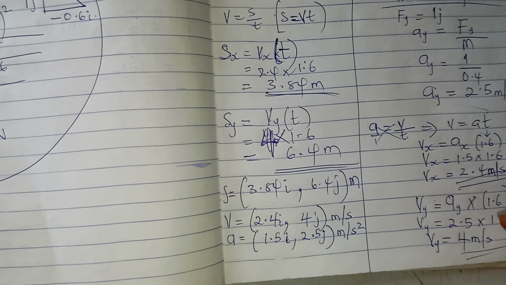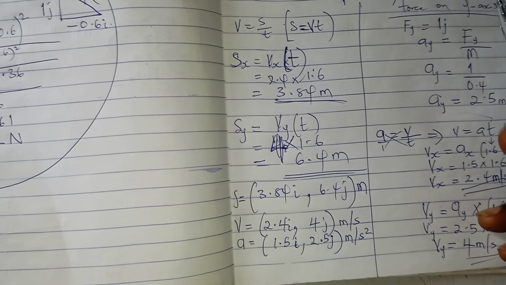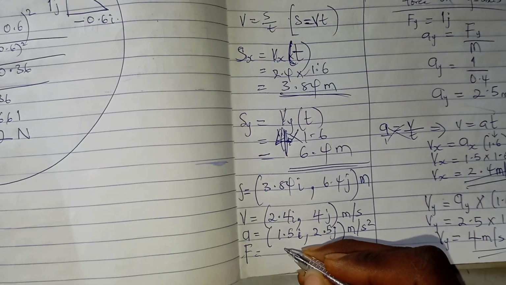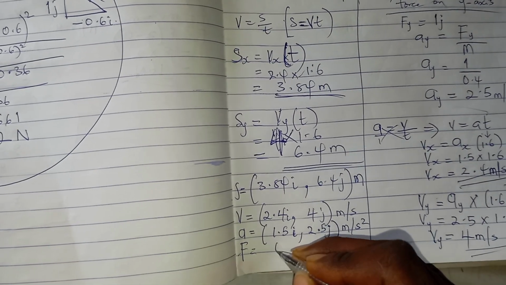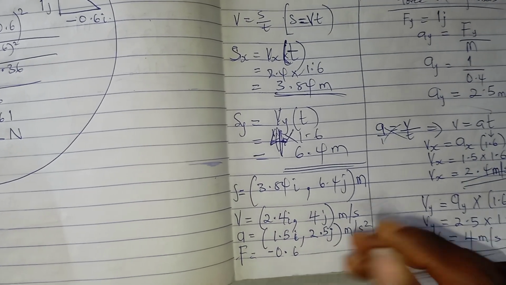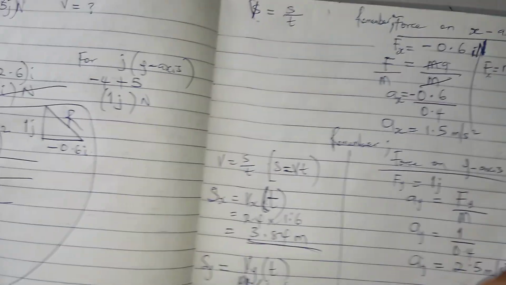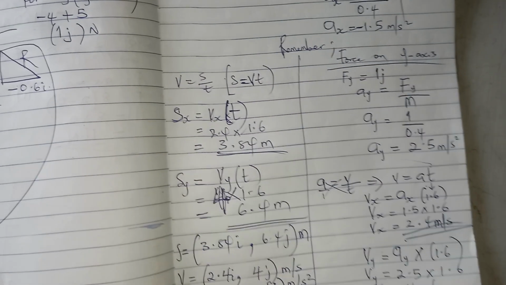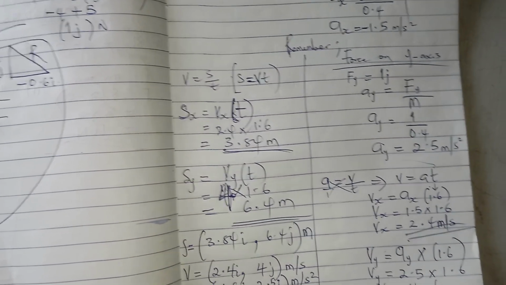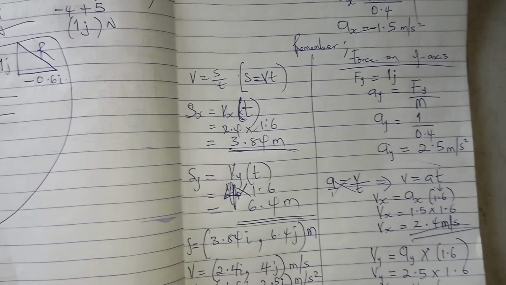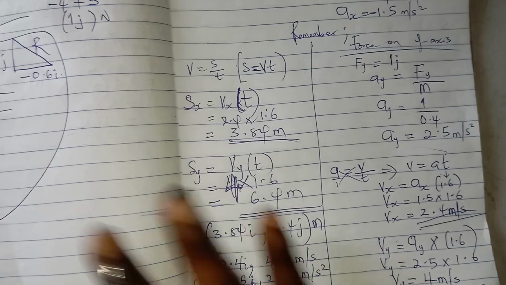Then the forces, okay, we already know the forces. The force F is equal to minus 0.6 i, then 1 j Newton. Yes, this minus is supposed to be here. So let's check our answers.